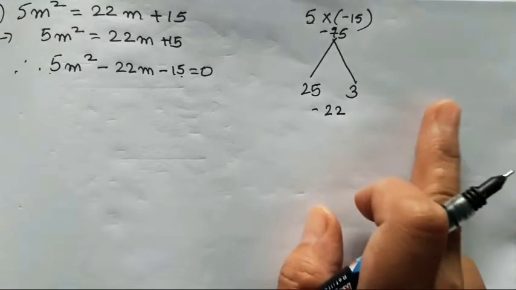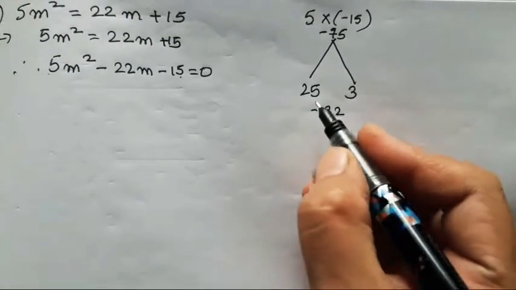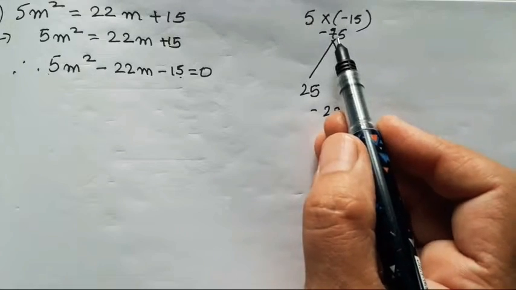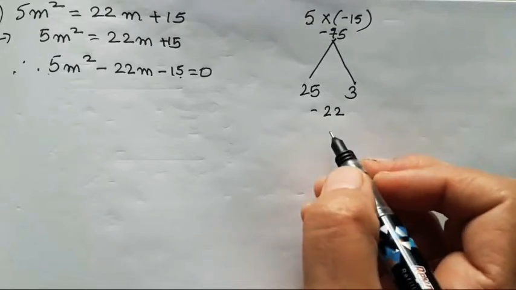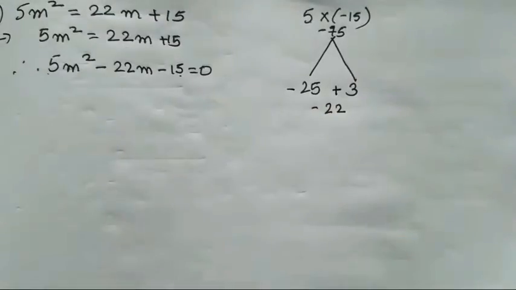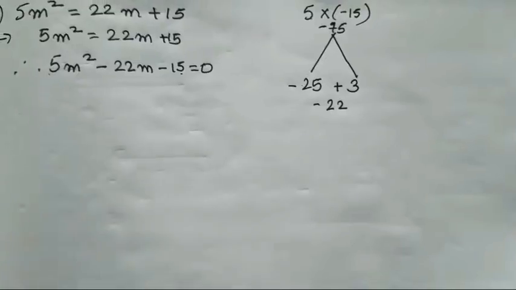Alright, so after that you have to choose from them and find the factors where you can multiply and get 75 and subtract. After addition or subtraction, you will be able to get minus 22. So minus and plus, the minus sign, and when you subtract, 25 minus 3 is going to be 22.